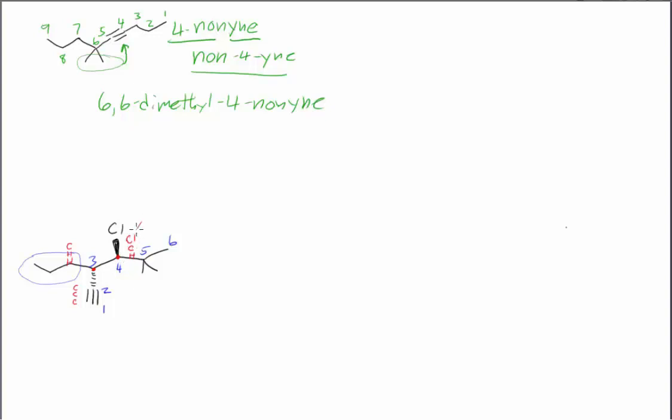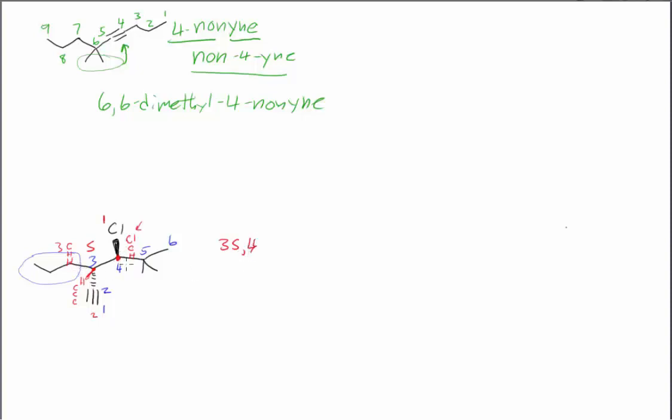And so the chlorine here gets highest priority, so that should be the number 1. Number 2 is the alkyne, number 3 is the propyl group, and number 4 is this hydrogen. And so that gives us a clockwise rotation, but again the hydrogen's in the front, so it should really be counterclockwise. This is S, so we have a 3S, and we have 4, which we're going to establish right now.